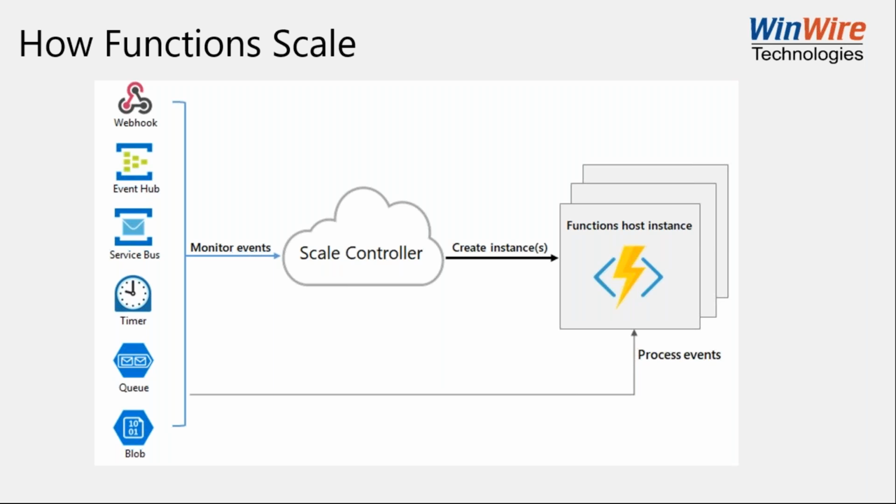If there is any event that is happening, for example, there is a message coming in a service bus, it determines how many instances of the functions are required, and it spins up those instances as per need. And once that action or task is done, it quickly determines that there is no more need, and it brings down the instances. So it's the scale controller that is the magician behind the whole magic.